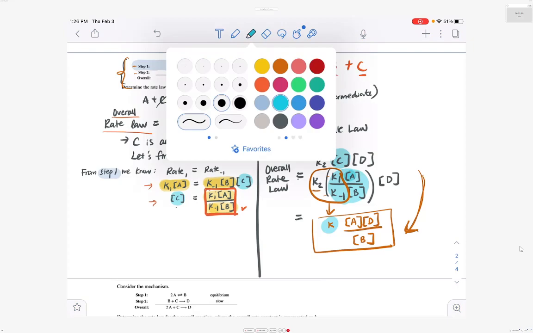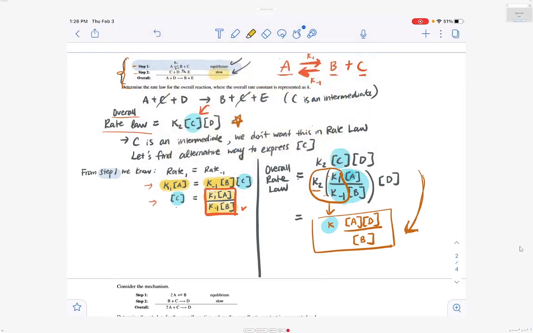K2 is the rate constant for step 2. You got that right? K1 is the rate constant for reaction step 1. K negative 1 is the reverse reaction for step 1.